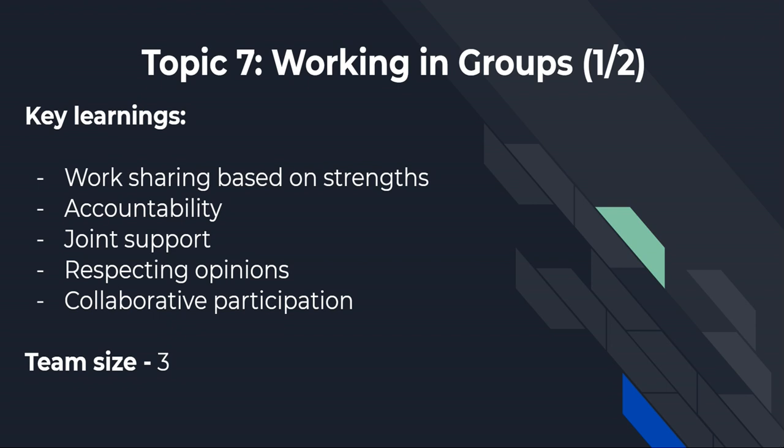Work sharing based on strengths. We allocated and divided tasks and roles based on individual strengths. Accountability. We held each other accountable by delivering and completing each assigned task. Joint support.